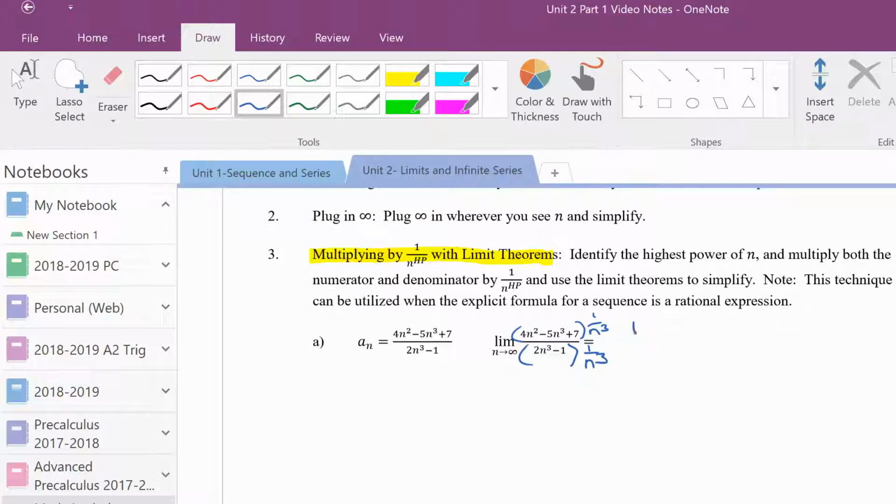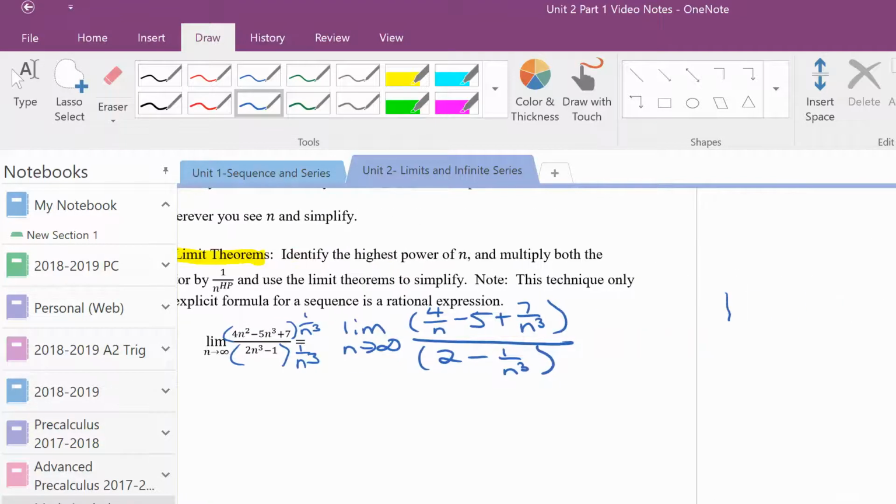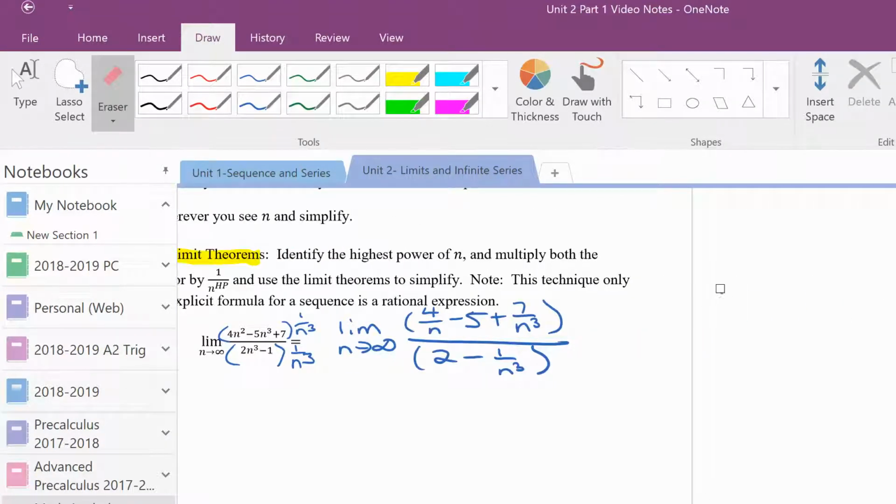So now we have the limit as n approaches infinity of 4 over n minus 5 plus 7 over n to the third divided by 2 minus 1 over n to the third. So now we can apply the limit rules.